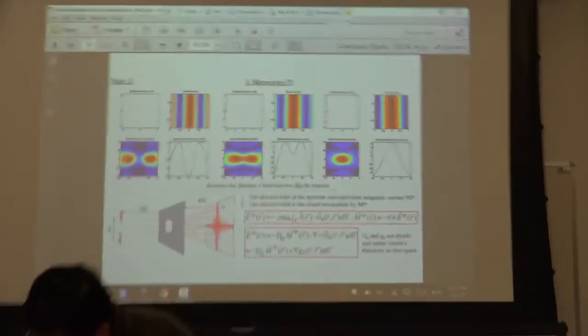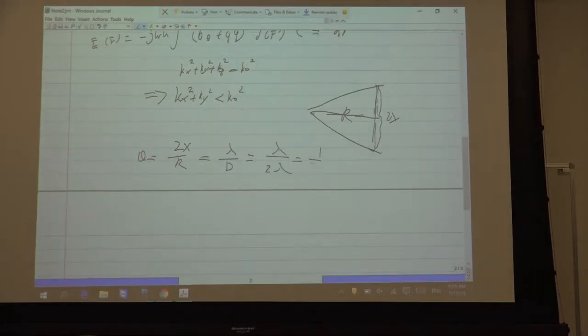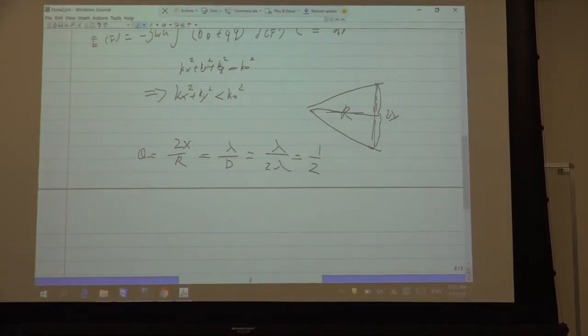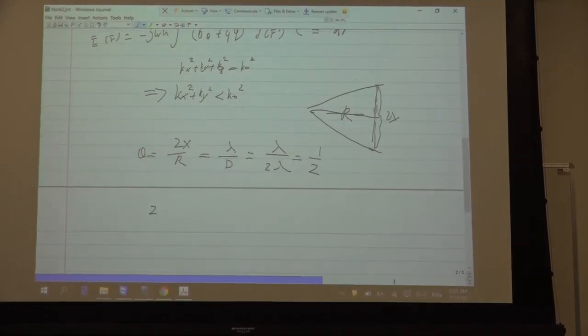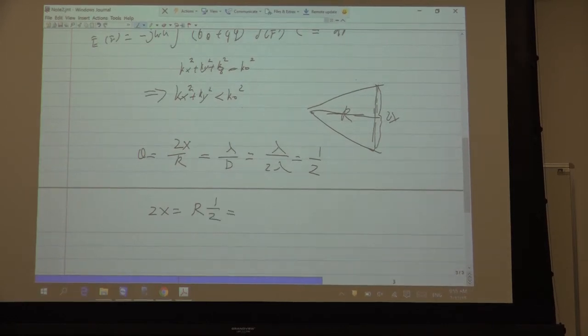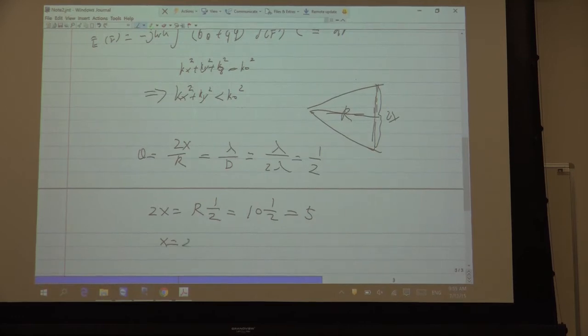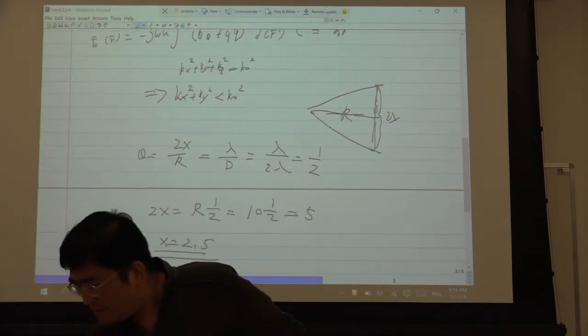It's 2 lambda. So lambda over d is around 1 over 2. So the distance 2x is just r over 2. R is 10, so it's 5. So x is around 2.5. This is a minimum resolution. You can use this equation.